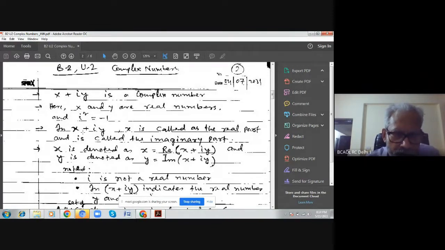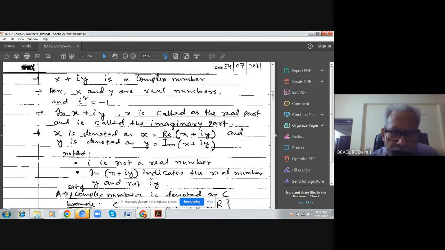Another thing, in x plus iota y, x is called the real part, as I already told, and this part is called the imaginary part. Y part actually, and y is not written anyway. That iy part is the imaginary part.